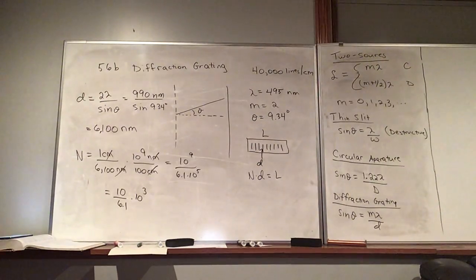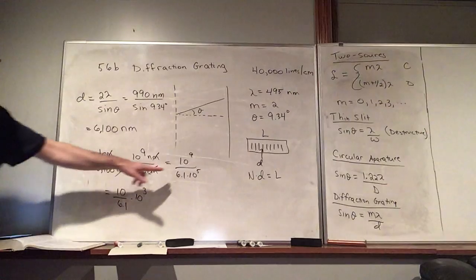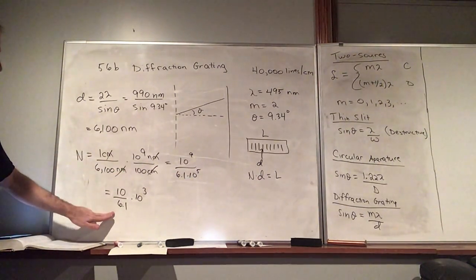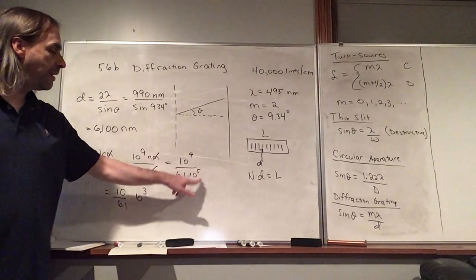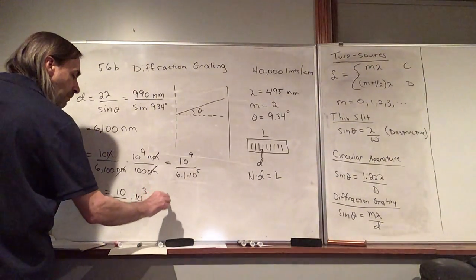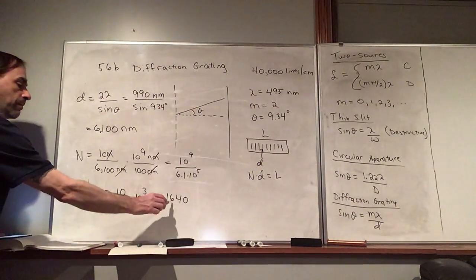Okay, so I'll explain what I did here. Take 10 out of here. So 10 times 10 to the 8th divided by 6.1 times 10 to the 5th. So 10 over 6.1, and then we have 10 to the 8th over 10 to the 5th, which is 10 to the 3rd. So 10 over 6.1 is about 1.64, and then times 1,000.